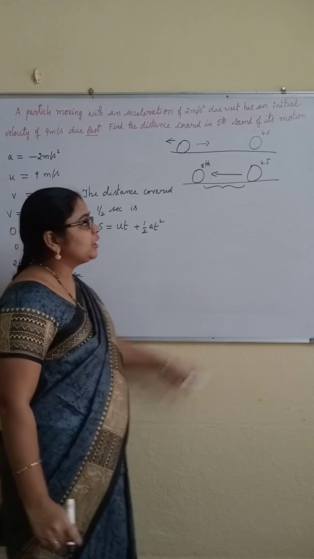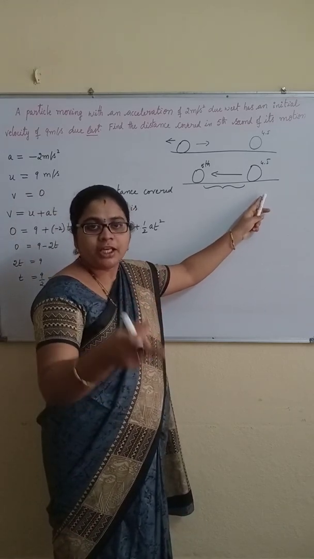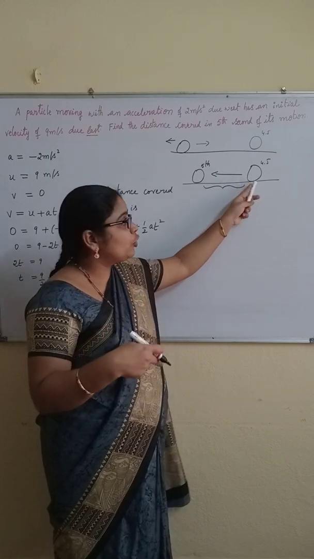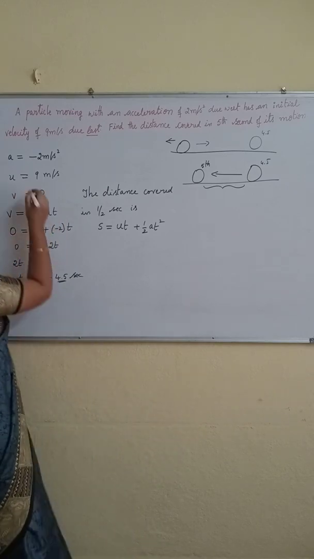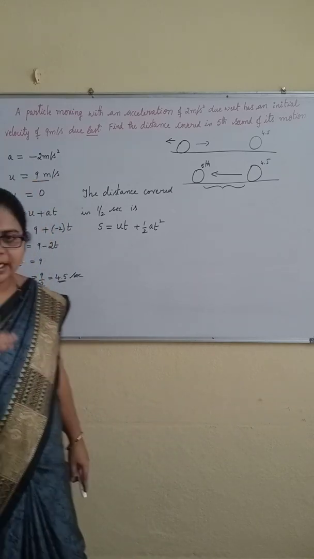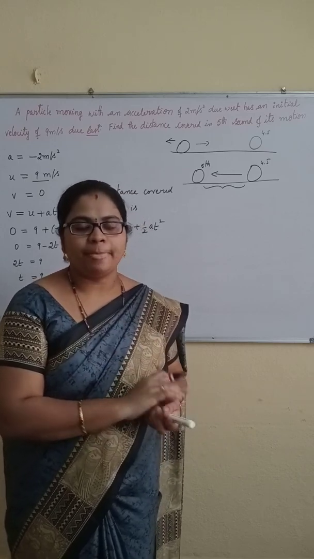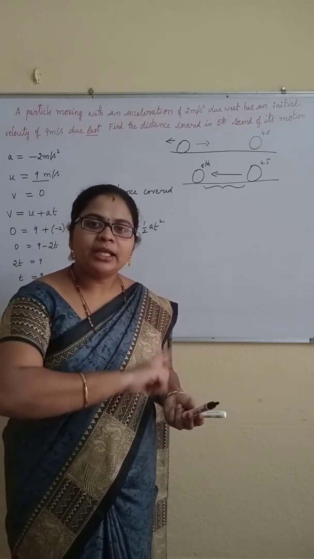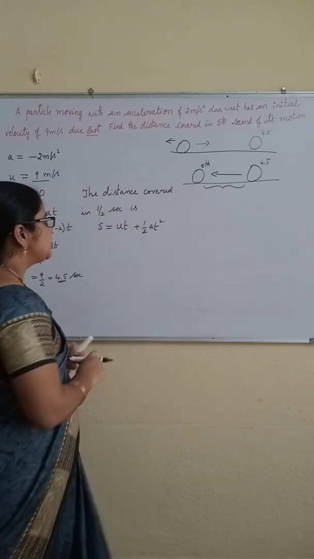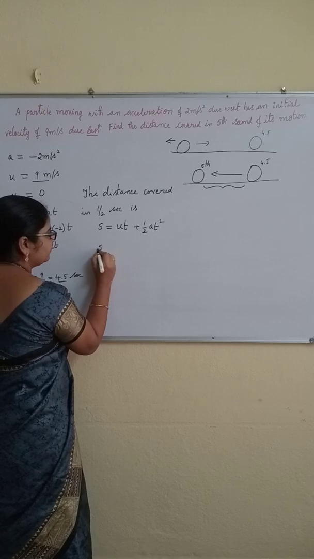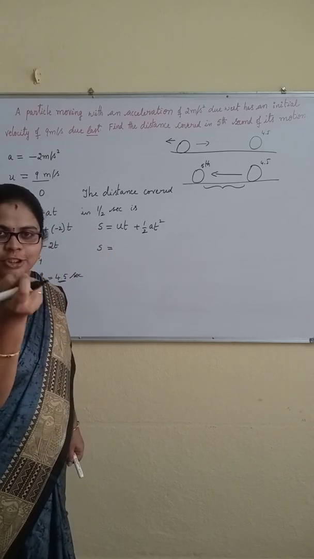Here the body is at rest position, right? It came to rest position and now again it starts moving. So in this case the u value is 0. In the first case the body is moving with some initial velocity, but in the second case the body came to rest position and again starts moving, so the initial velocity will be 0. This is very important. Only this small logic you should understand.